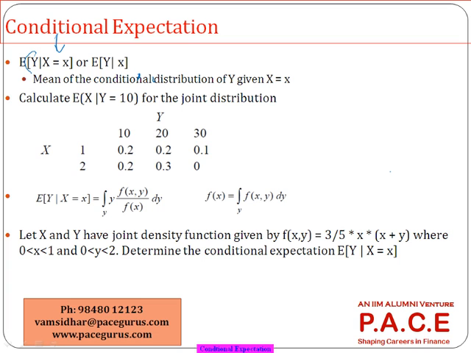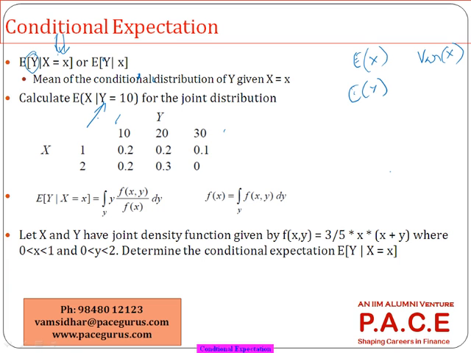How do I find out the expected value of y? Again, this could be possible in a discrete case as well as a continuous case. Earlier we have done just the scenario of expected value of x, or expected value of y, variance of x in isolation. But now we are talking about assuming that x has already occurred, find out the expected value of y.